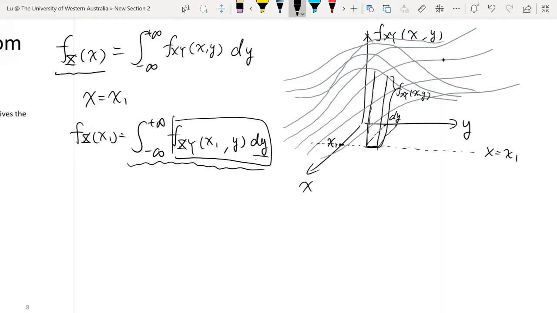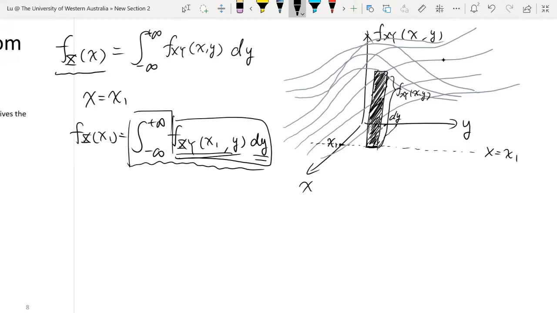And when you use dy to multiply the height of the joint PDF, actually you are calculating the area of this small column or rectangular shape, the area for a small dy region. But the next step is to do the integration from negative infinity to positive infinity along the y-axis.